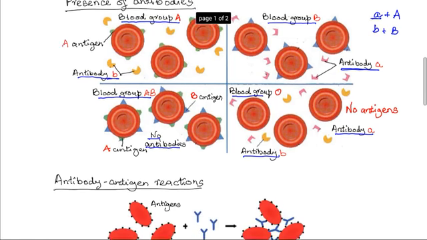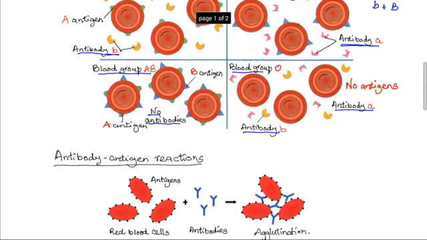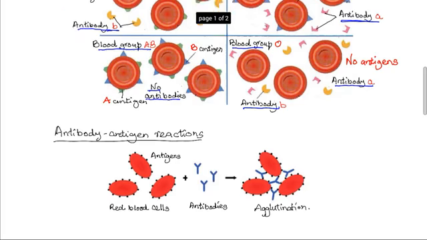Now, as mentioned, antibody A, for instance, reacts with the antigen A. So if red blood cells that have antigen A come into contact with blood or plasma that has antibody A, there's going to be clumping together, or what is known as agglutination.